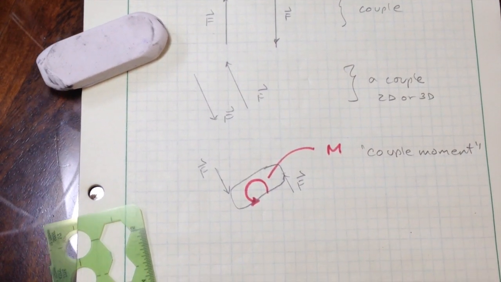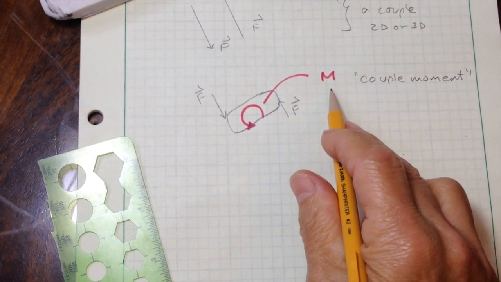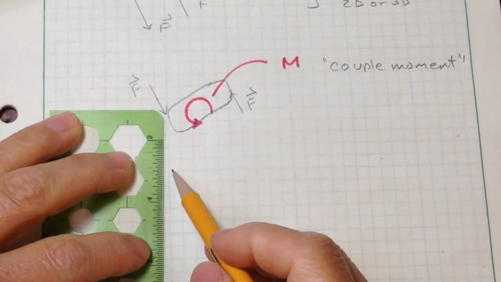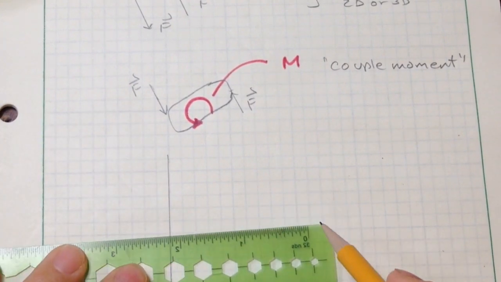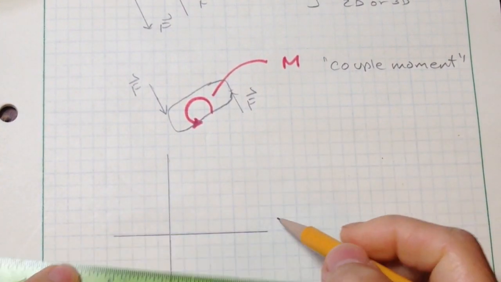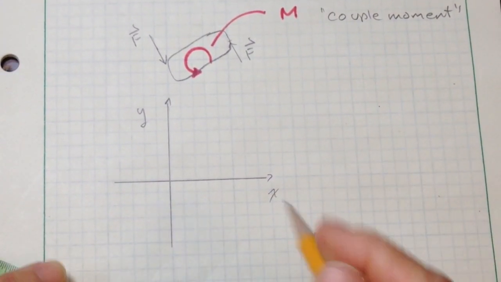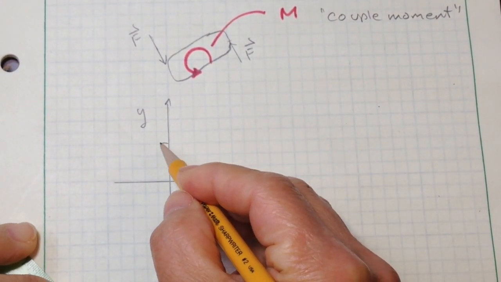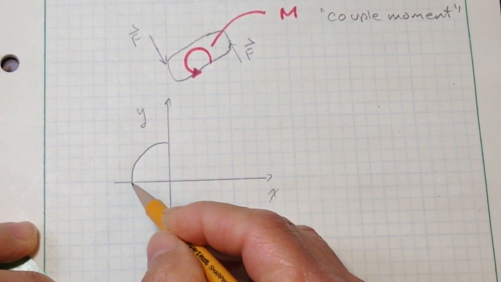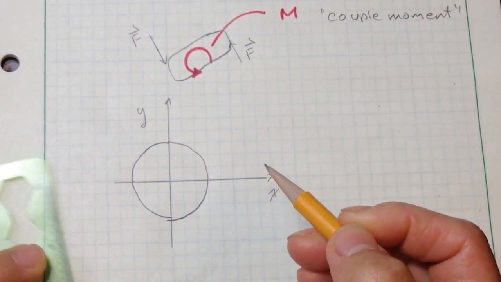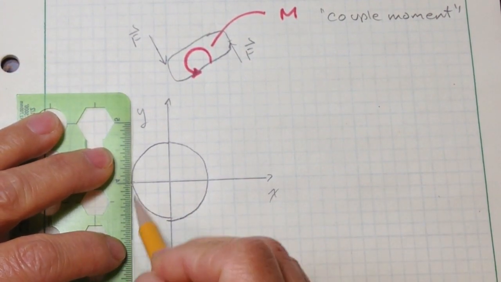Let's see how we can go about calculating the magnitude of that couple moment. Suppose I have a wheel that lies on an XY plane. So here's my wheel, and I apply a couple.